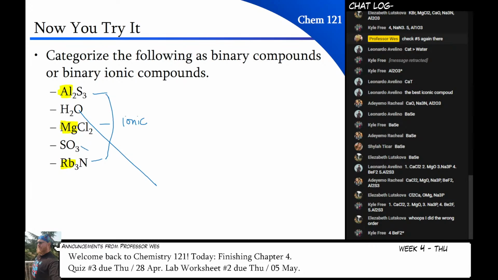These other ones down here are not ionic. And because they all contain 2 elements, we would say, okay, they're all binary. So I have binary ionic compounds, and then the other 2 are what are known as binary covalent compounds. We'll talk about covalent compounds in Chapter 5.